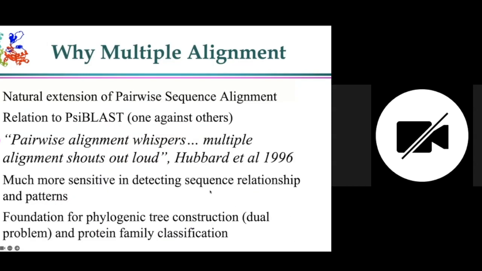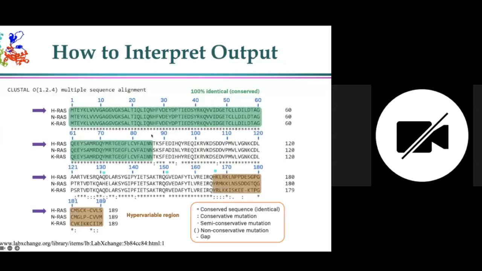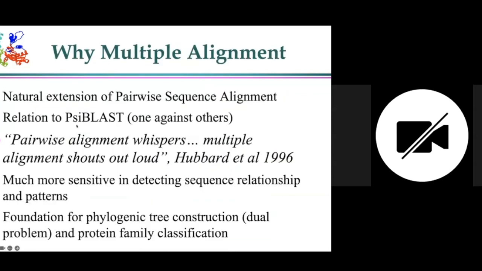So why do we need to do a multiple sequence alignment? Obviously, it is a natural extension of pairwise sequence comparison. We talked about two sequences, where we can just use an alignment algorithm to put them together. We also talked about PSI-BLAST, where you can use one sequence to align many, but that's not a multiple sequence alignment.